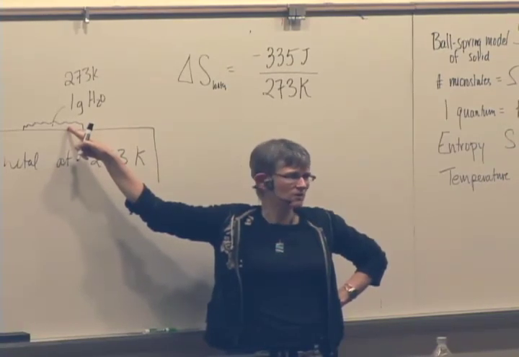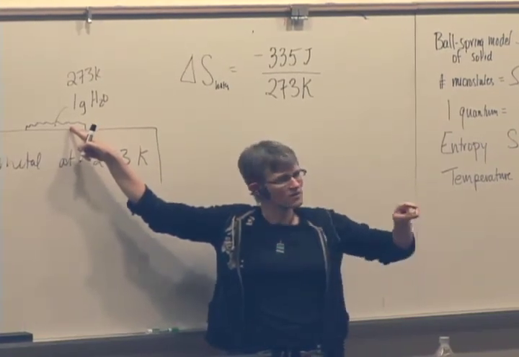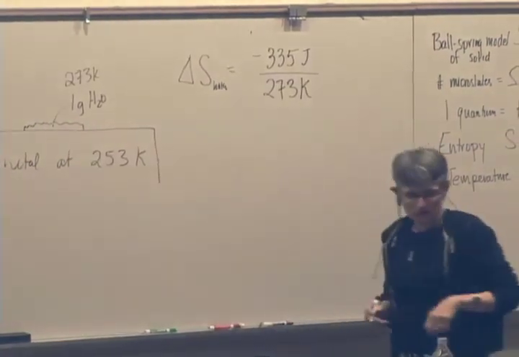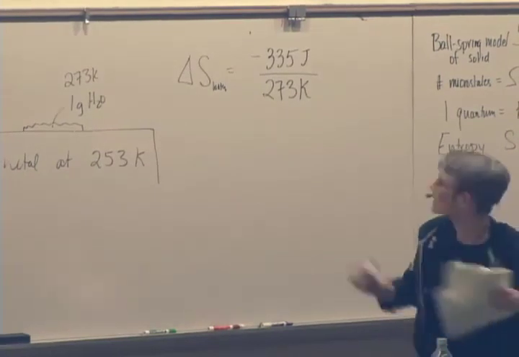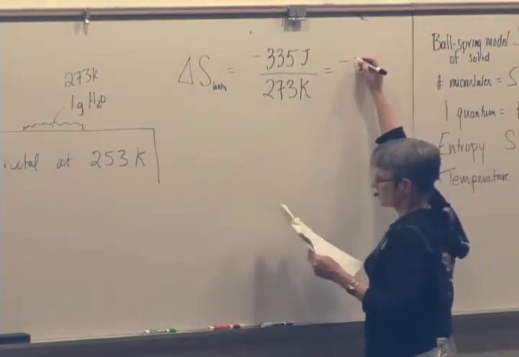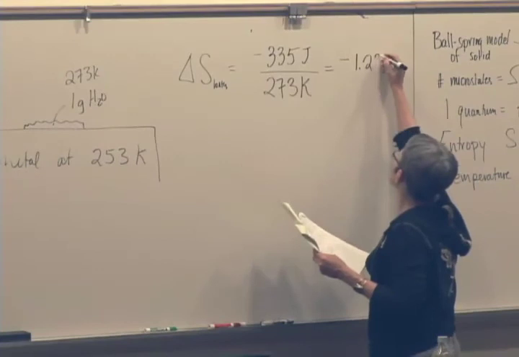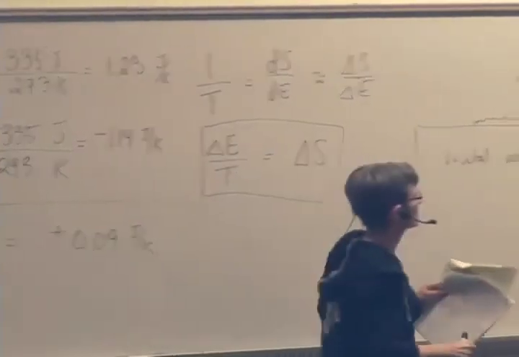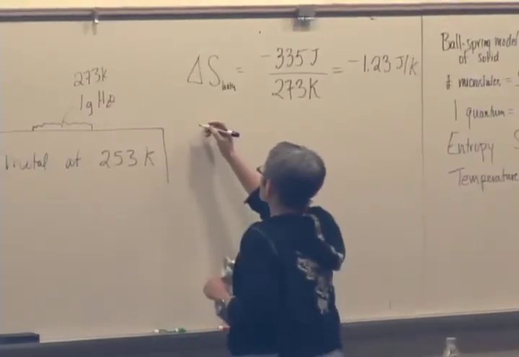So it's actually when it melts or when it freezes during that process, it's actually constant. And so that's going to be a negative number. And it looks like negative 1.23 joules per Kelvin. That's not a big surprise. It was positive 1.